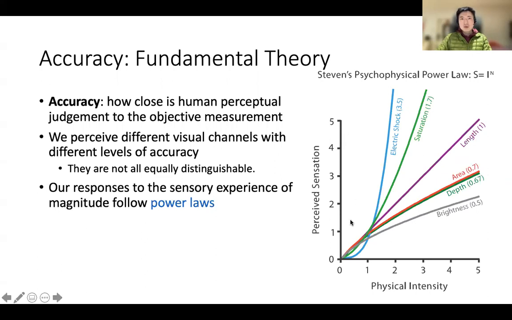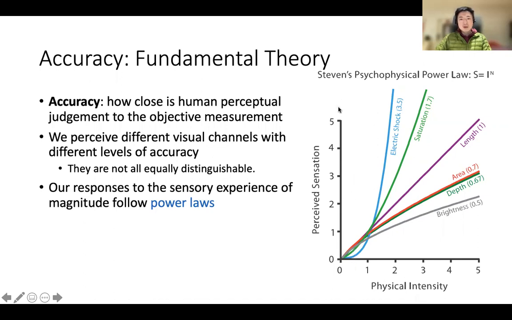On the x-axis, we have what they call the physical intensity, that means the things you see. Actually, in this example it's not just the things you can see. It includes the things you can feel as well, like electric shock. So this is like the physical stimuli, and potentially you could use sound volume, for example, or the strength of a smell. Okay, so that's the physical intensity.